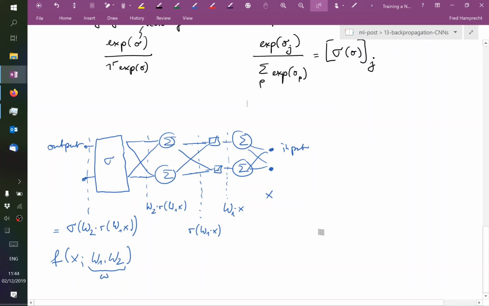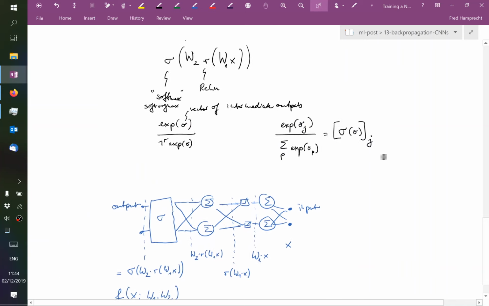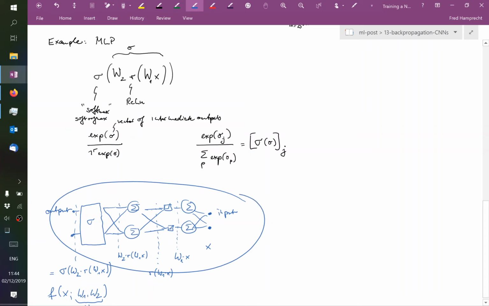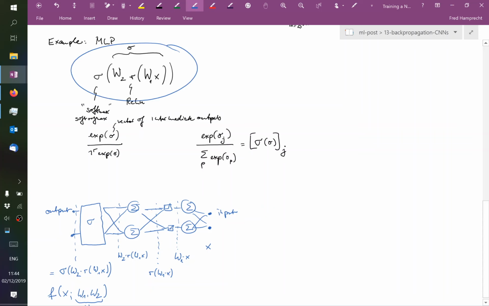Now, here's the same picture as we had last time, except that today we use 2 neurons rather than 1 neuron for the output, and that we use the softmax. But this is basically the same picture as last time, just drawn from right to left instead of the other way around. And here is the same thing written as a formula, as a nested function.